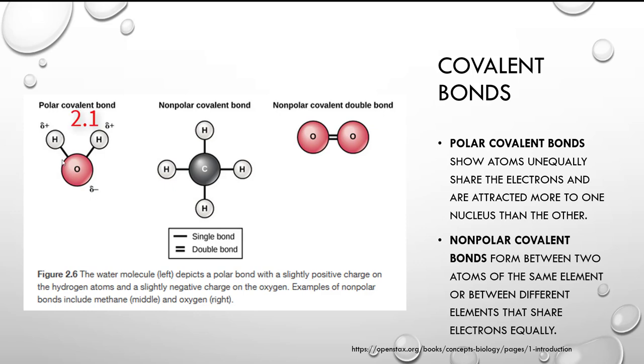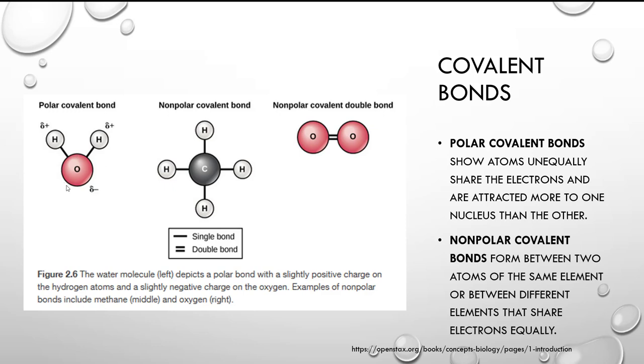Because oxygen's electronegativity is higher than hydrogen's, the electrons are going to be more attracted to oxygen. Remember, oxygen has 8 electrons, so 2 fill its innermost shell, and then it has 6 in its valence shell. Hydrogen has 1.